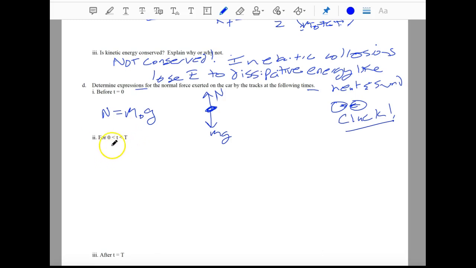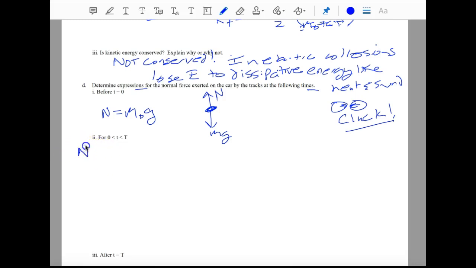For this one, we've got from 0 less than t, which is less than capital T. The normal force here should be equal to the car plus the weight of the sand that's accumulated in the car plus the force required to stop the vertical motion of the sand. So there's a lot there.